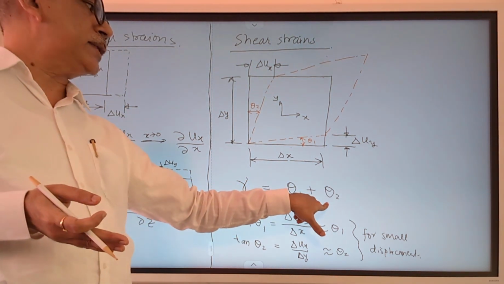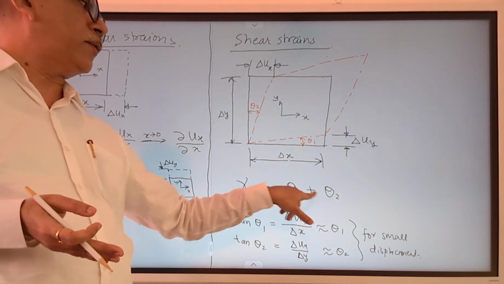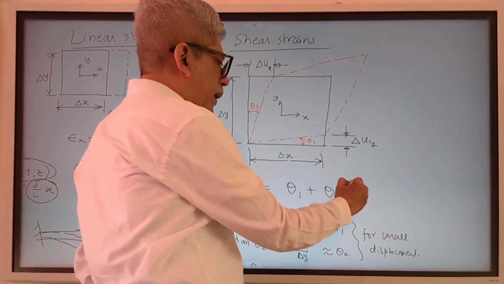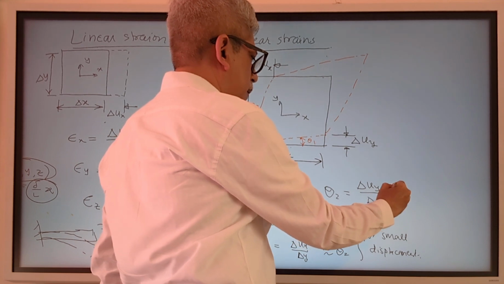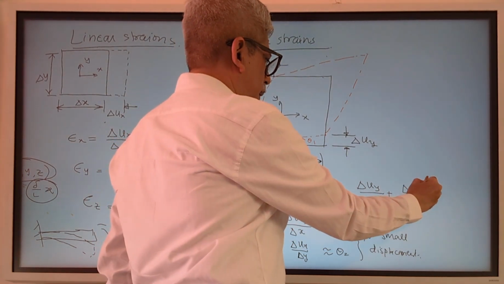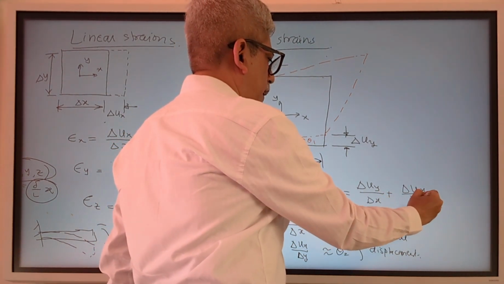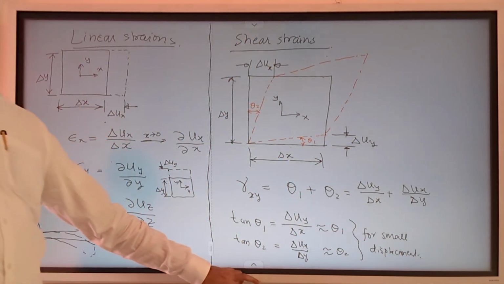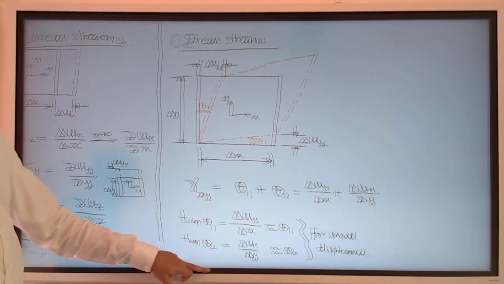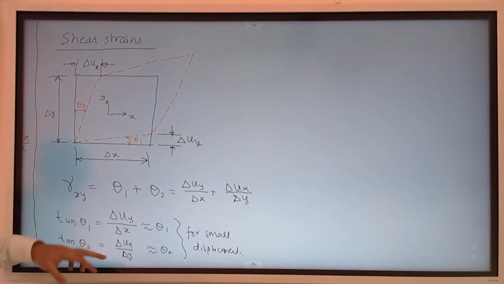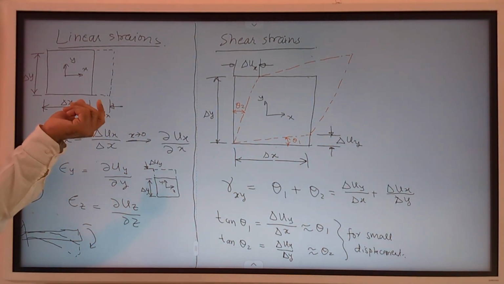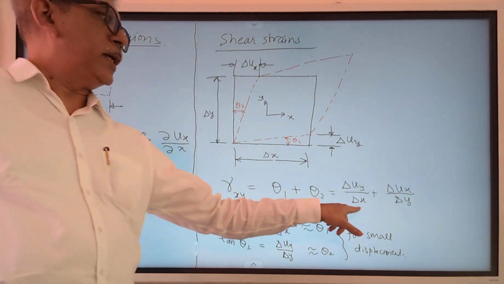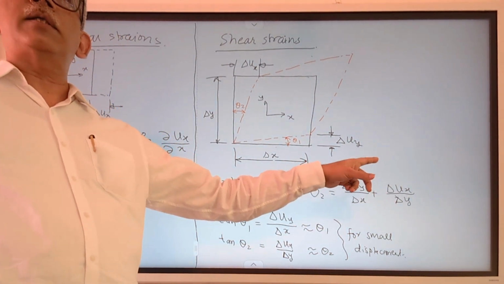And that would be given as delta theta, that is theta 1 plus theta 2, which we can now write as delta uy by delta x plus delta ux by delta y. Just like we did for the linear strain, with the element becoming sufficiently small, these ratios can be written in terms of partial derivatives.